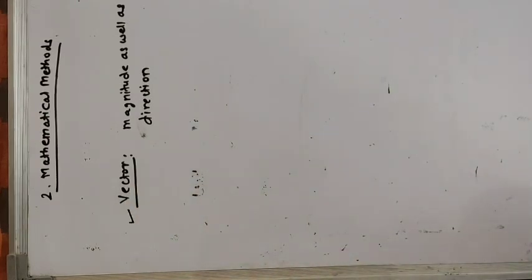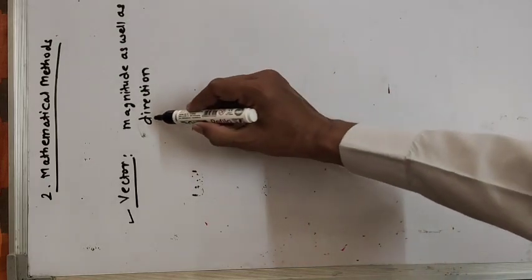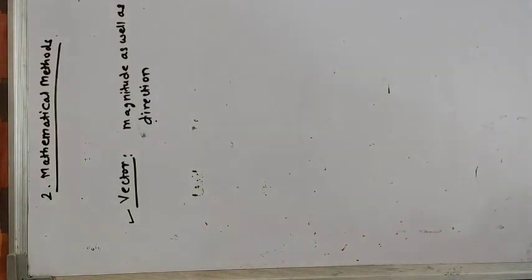Physical quantities which need magnitude as well as direction for their complete description are called vectors.